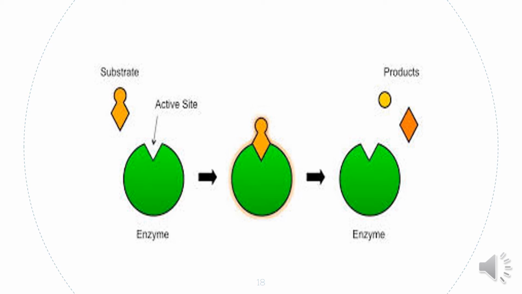That's why each enzyme is acting on a specific type of molecule. We can see that the substrate is going to bind to the enzyme specifically in the active site. And at the third stage, the product is converted or digested, and it leaves the enzyme. A very clear diagram.